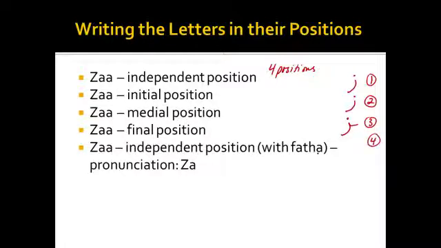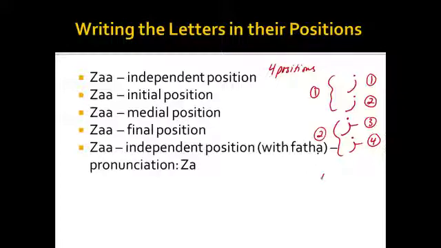And fourth, the Za looks like the Ra again but with a dot. And as we mentioned before with the Ra, there are two forms for the four positions for the letter Za.